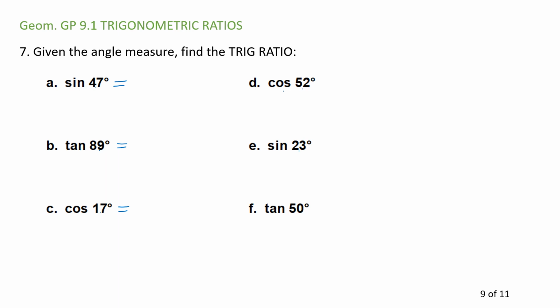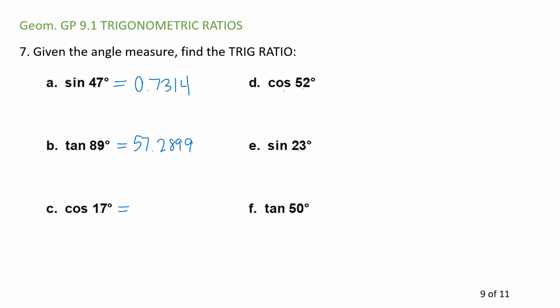Somebody already measured for the sine of 47 and found out that it is equal to 7314. That's just straight off my calculator. Go to your calculator and type in tangent of 89. It's equal to 57.289. Actually, it rounds up.